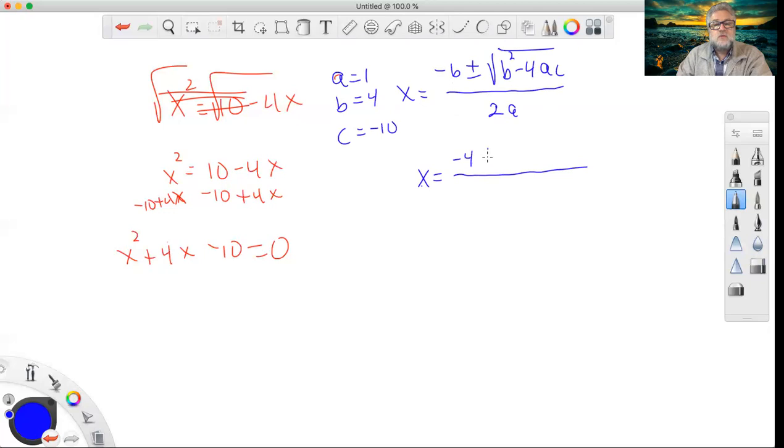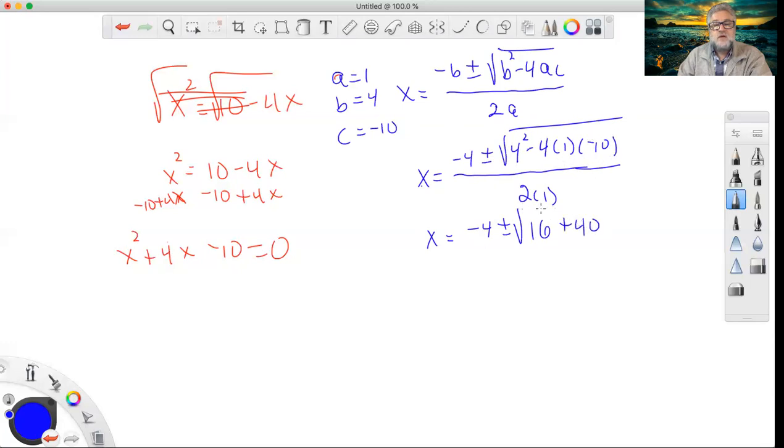So x equals minus 4 plus or minus the square root of 4 squared minus 4 times 1 times negative 10, all over 2 times 1. So that'll be x equals minus 4 plus or minus the square root of 16, minus times minus is a plus, plus 40, all over 2.